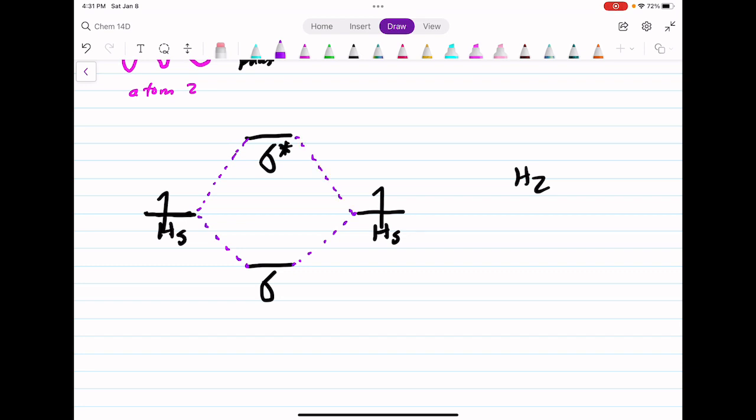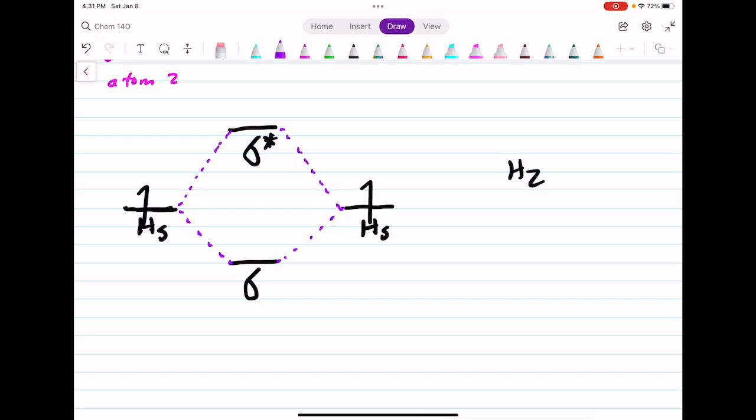I'm going to talk about why that is, and I'll also note that for the sigma anti-bonding orbital, this delta E value right here, compared to the delta E from here to here, I'll call this delta E1 and delta E2. Delta E2 is actually slightly larger than delta E1.